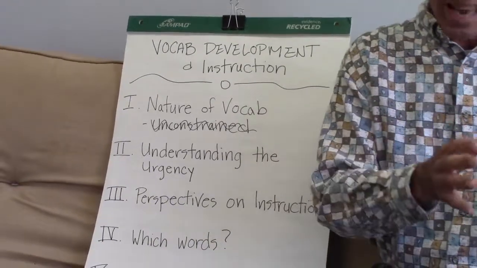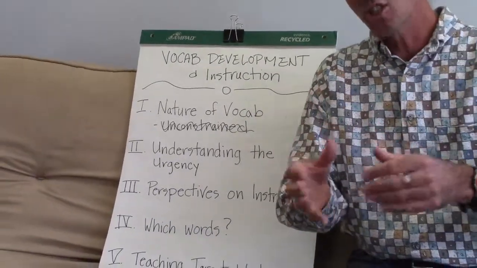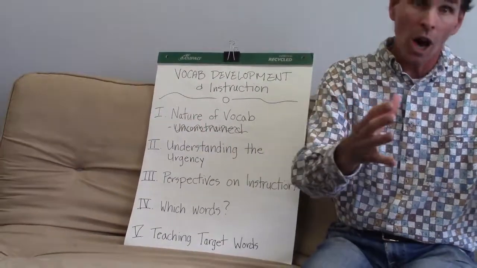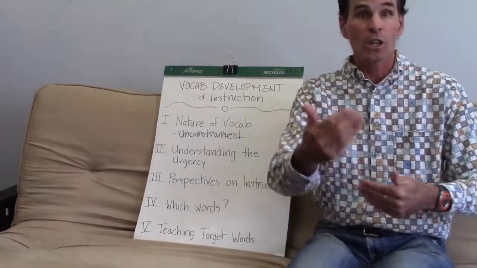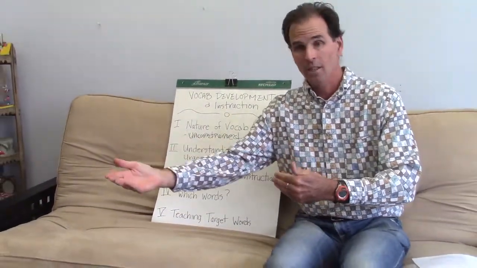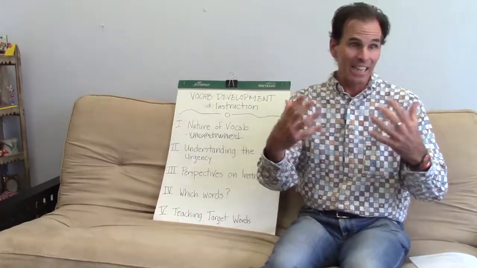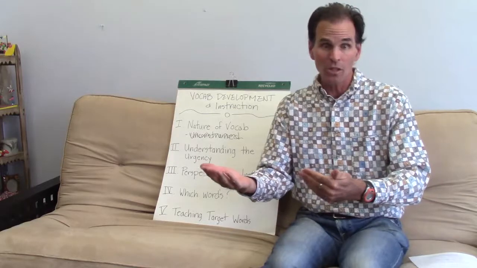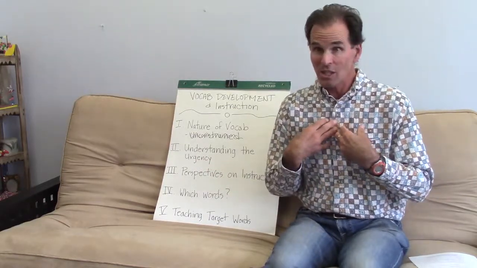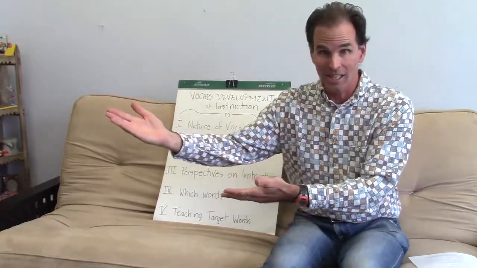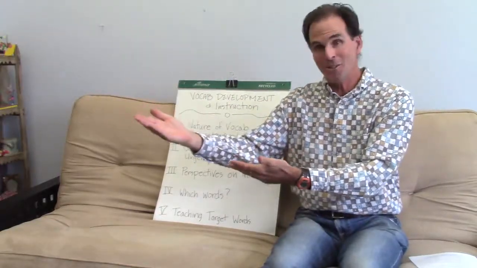Vocabulary is the quintessential unconstrained skill or knowledge domain, right? You and I, with advanced college degrees, are still learning vocabulary. It never goes away. It would still be a significant obstacle to me with a PhD if I went over to a microbiology classroom and tried to be a student there.